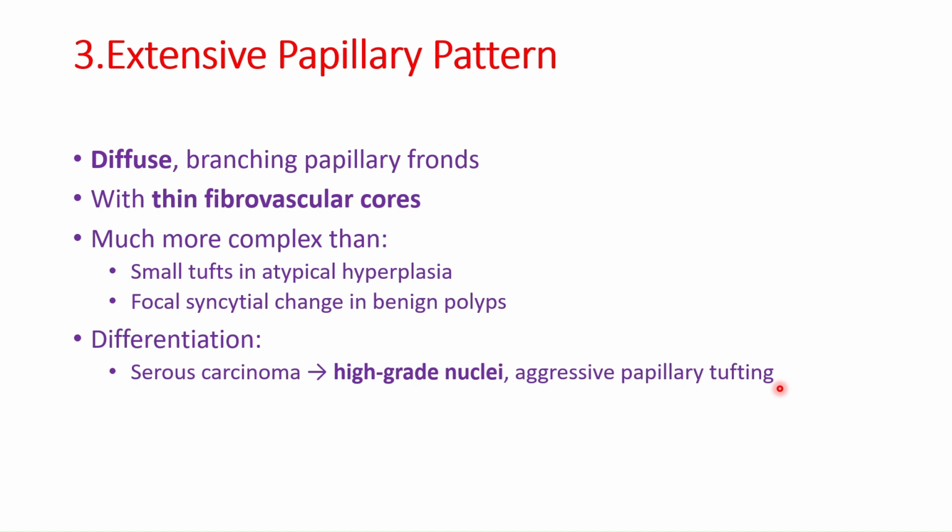So we have to differentiate well differentiated endometrioid carcinoma from serous carcinoma with the help of high grade nuclei, because well differentiated endometrioid carcinoma will have minimal nuclear atypia. So this is the important point to identify serous carcinoma.